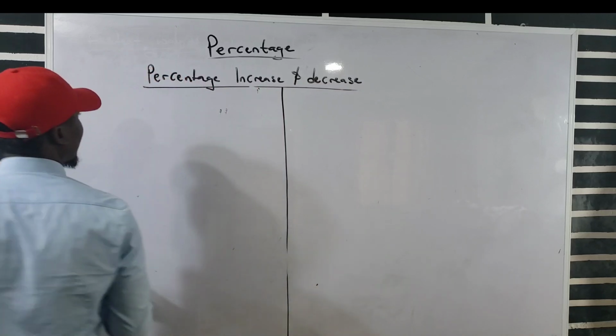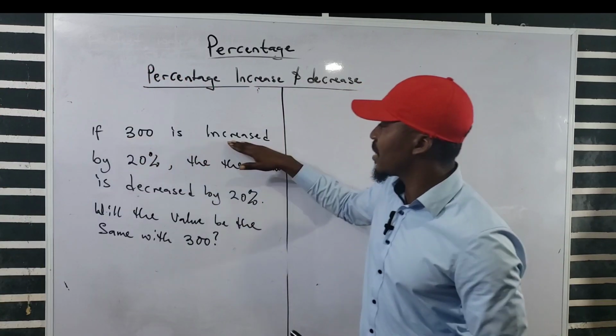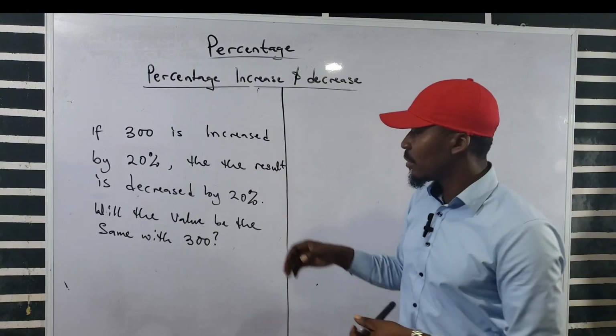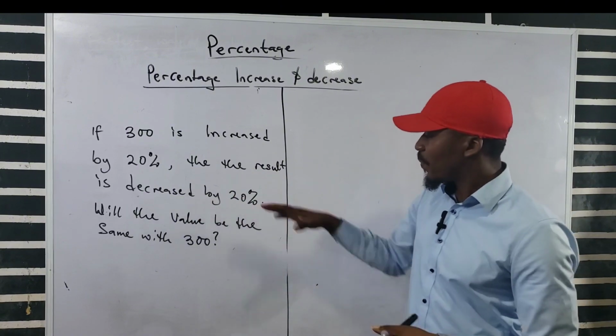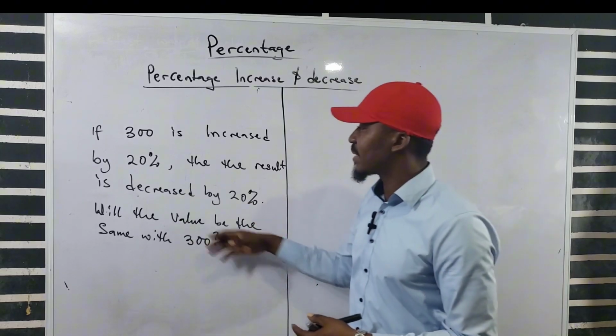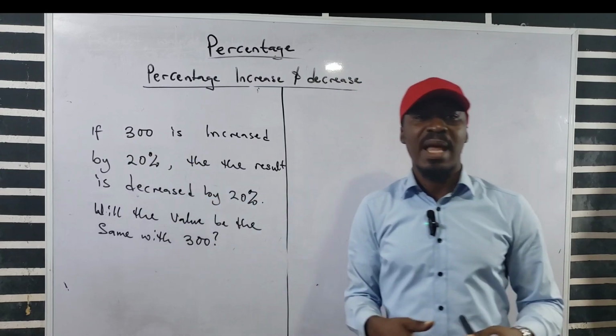What am I trying to say? If we increase 300 by 20%, then of course we get a new value, and we decrease it back by 20%. The question now is, are we going to get 300 or another value?